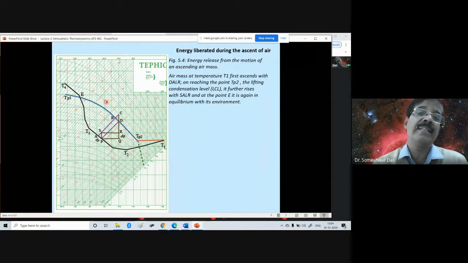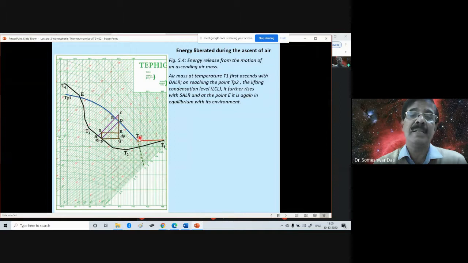You see these curved lines I explained to you earlier. These curved lines are supposed to be the moist adiabats or saturated adiabats, right? All these curved lines. So once it gets saturated, because this is the lifting condensation level, the condensation has started taking place from this level onwards.